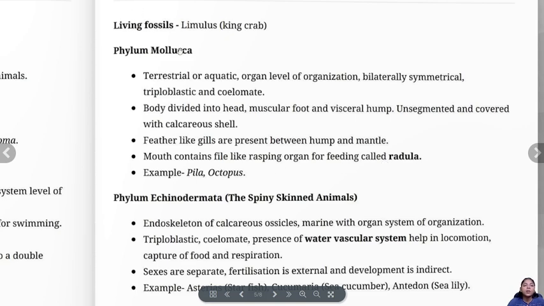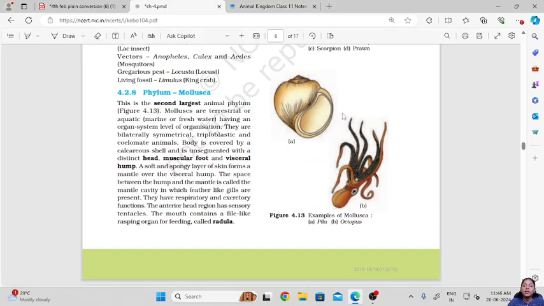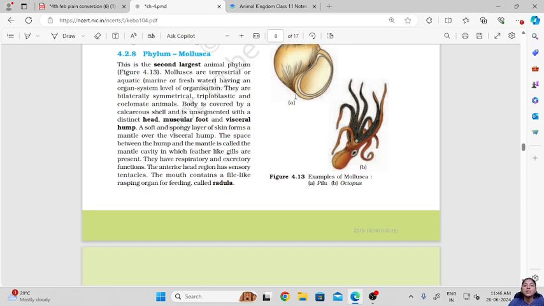Now an example of these mollusks is the Pila or the octopus. So this is the outer calcareous shell which is present in these organisms.